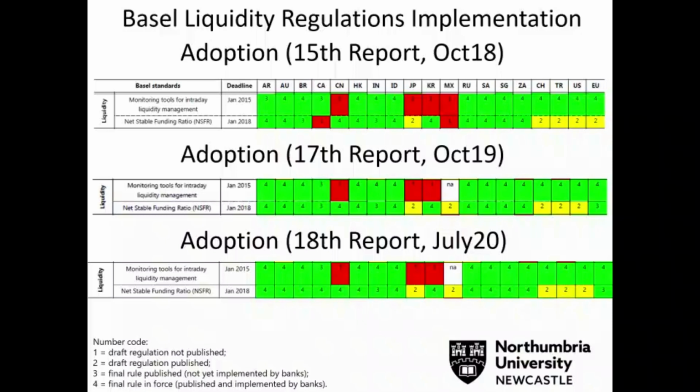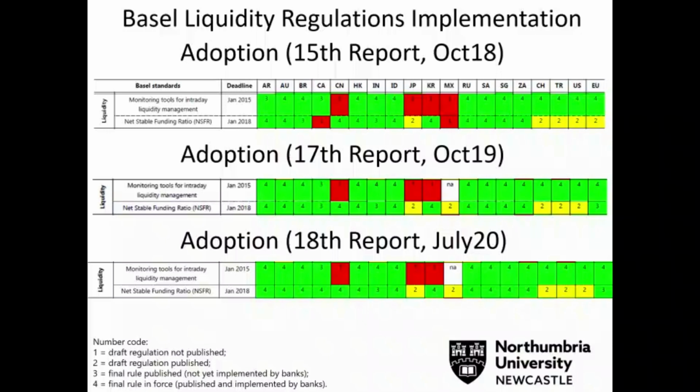Compare that to the implementation of the net stable funding ratio. Obviously, the LCR was required from January 2015 compared to the net stable funding ratio in January 2018. But even so, you have some jurisdictions that haven't even published draft regulation regarding LCR, namely China, Japan, Korea, and Mexico.